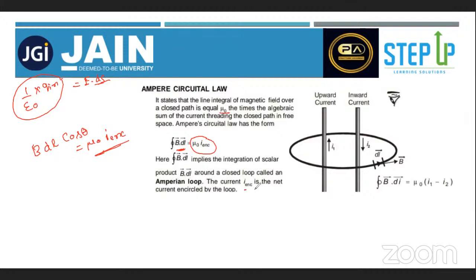The current I enclosed is the net current encircled by the loop, how much current is totally flowing through it.